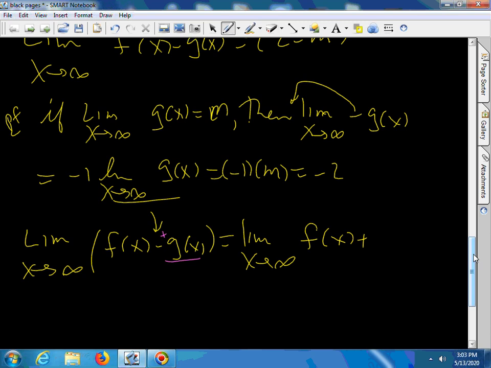This is f plus negative g of x, which is our function.